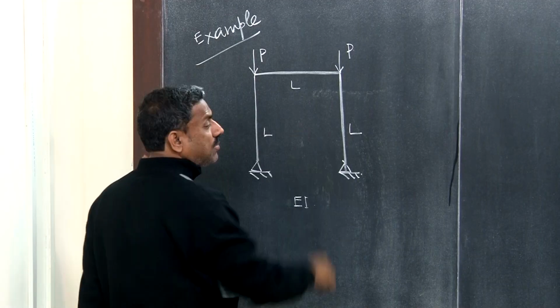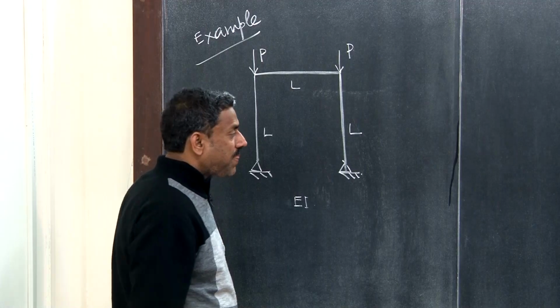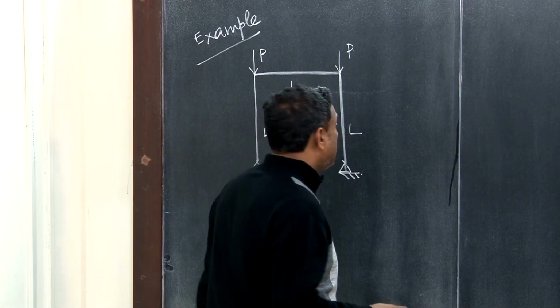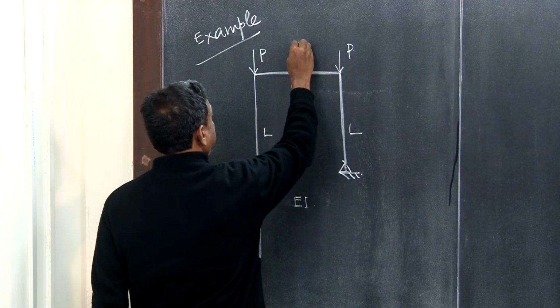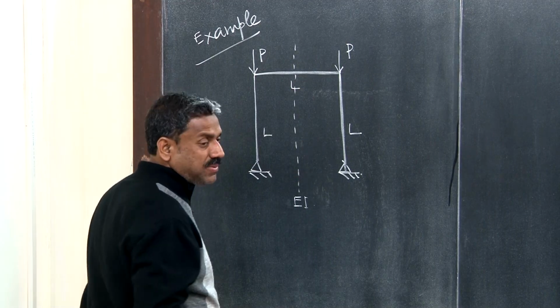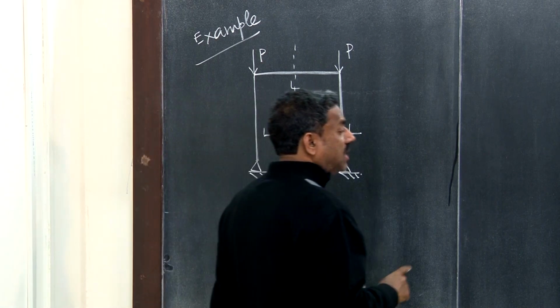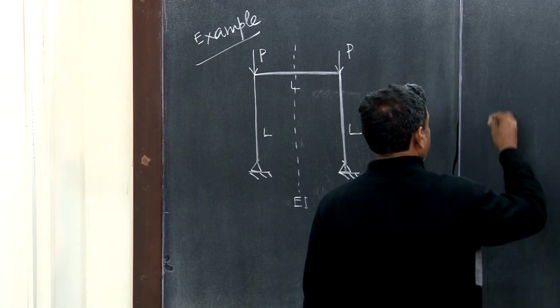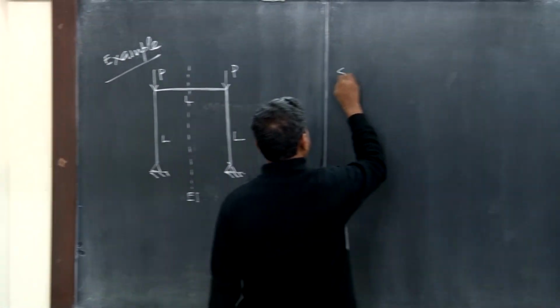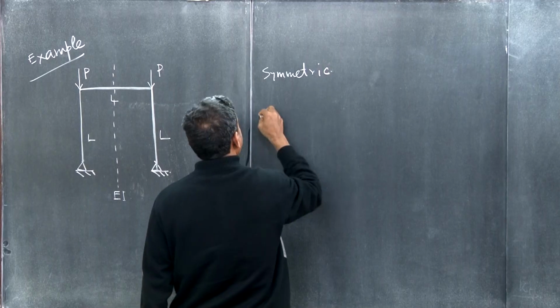Subjected to this compression, of course there needs to be compression, right? Now, because there is symmetry, we can exploit the symmetry or anti-symmetry to analyze it. So it can buckle either in symmetric mode or anti-symmetric mode.